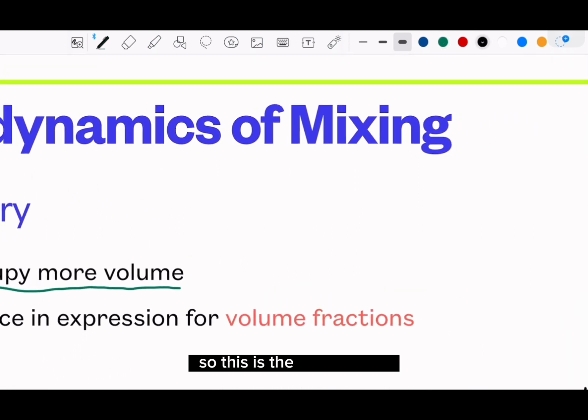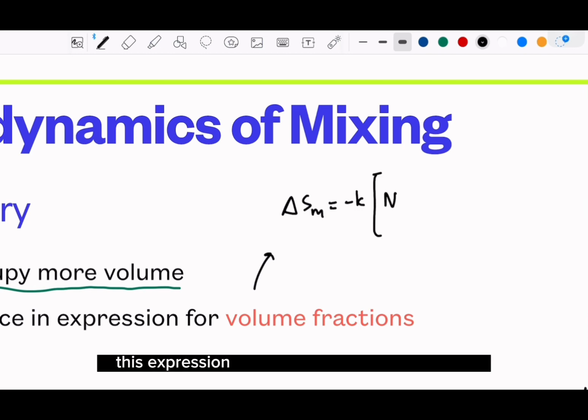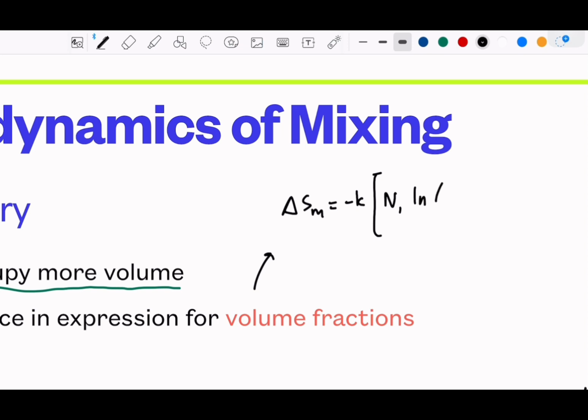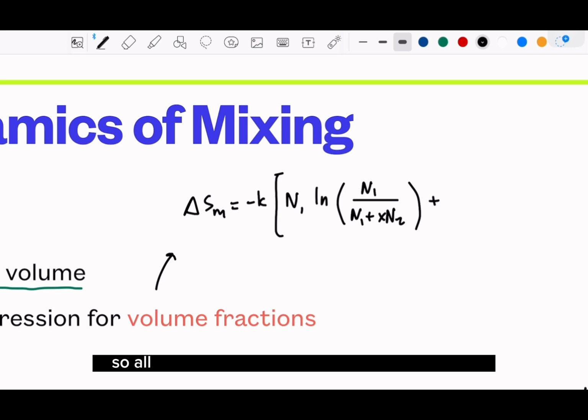So these are the expressions. This expression is exactly like the previous formula, but we change all the N2 with x N2.